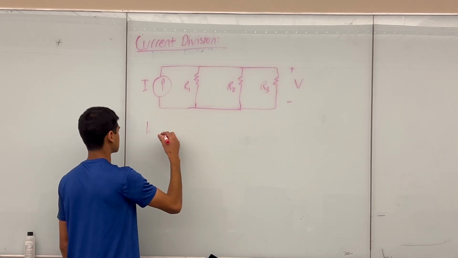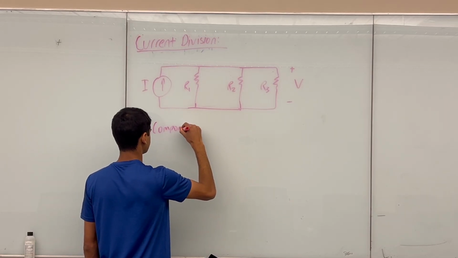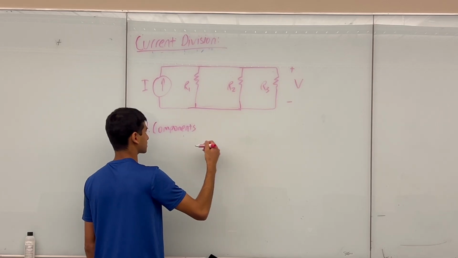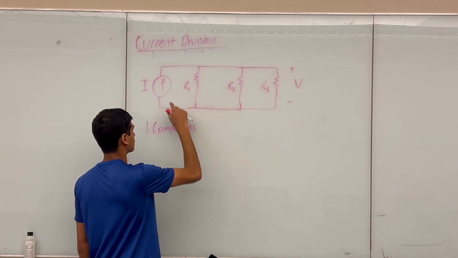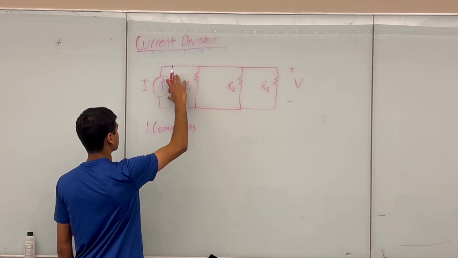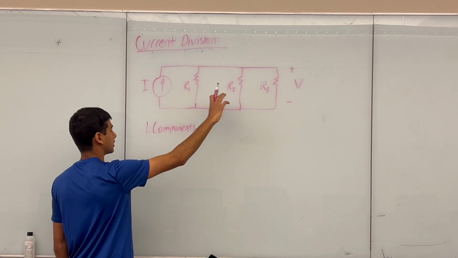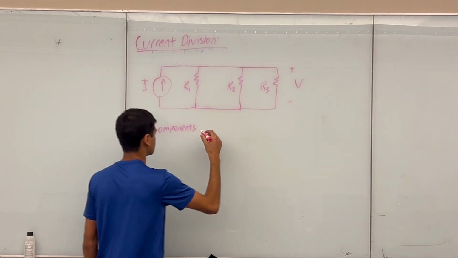So the first thing is the components need to be supplied by a single current source, or you need to be able to identify a current source or a current that is flowing across components in parallel.